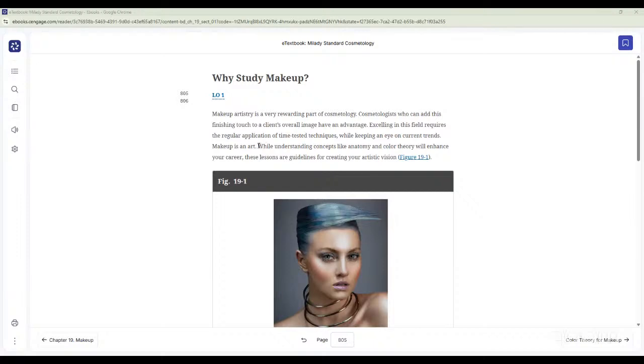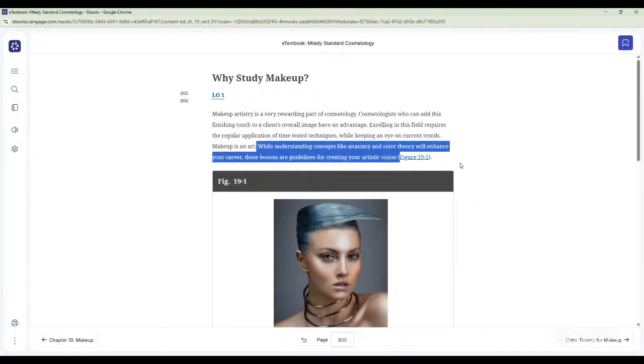We're definitely going to jump into makeup. While understanding concepts like anatomy and color theory will enhance your career, these lessons are guidelines for creating your artistic vision.